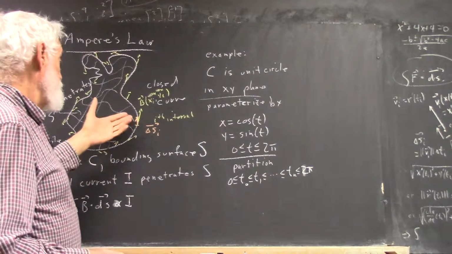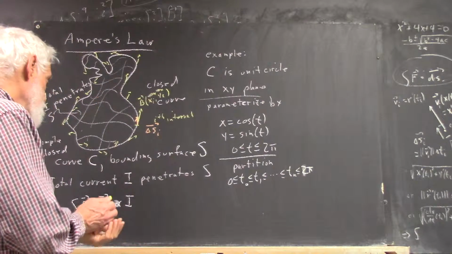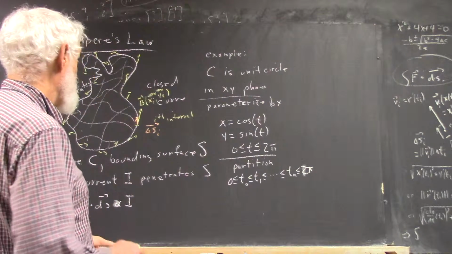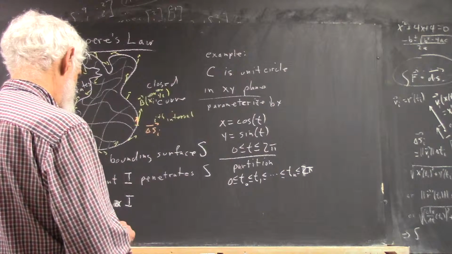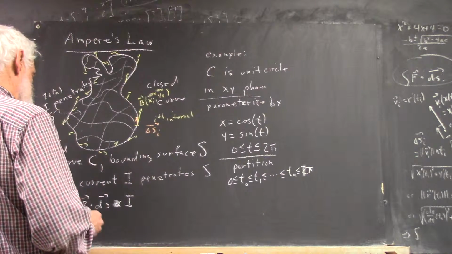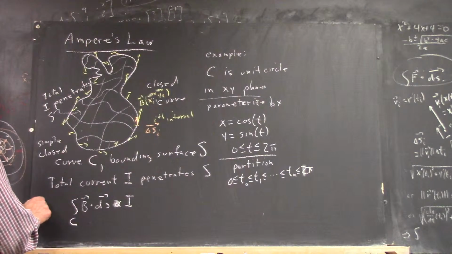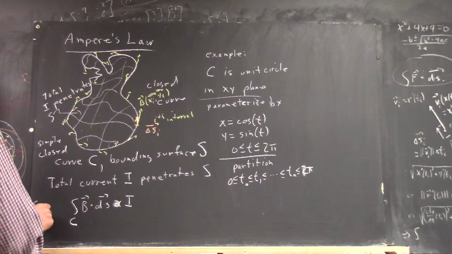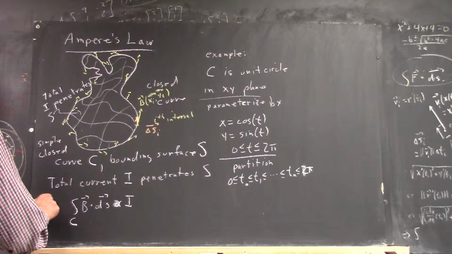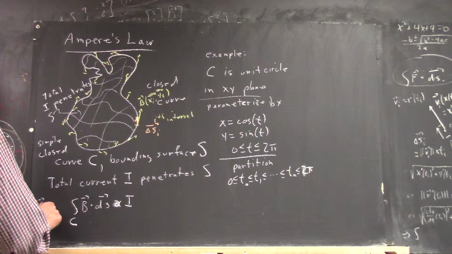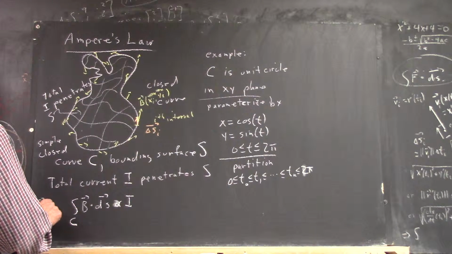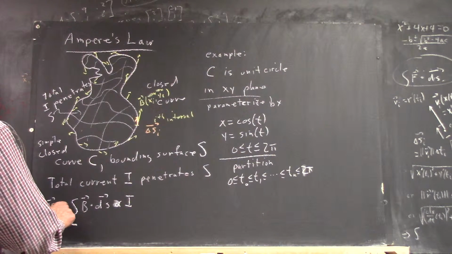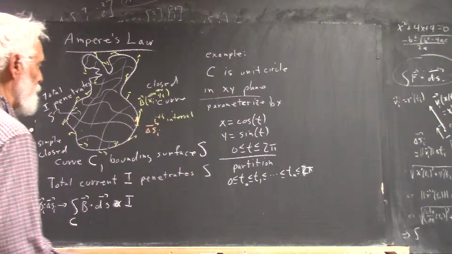Well, you then take B dot delta S. So this is the sum of your B sub i dot delta S sub i's, which approaches this integral.